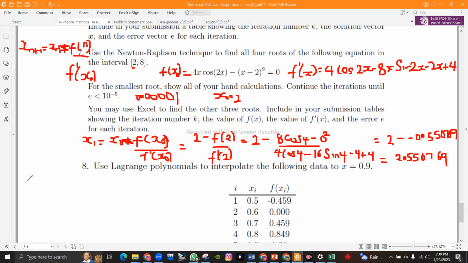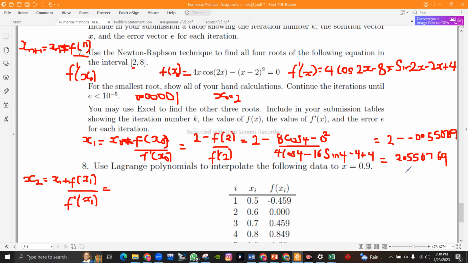Now your x2 will be equal to x1 plus f of x1 divided by f prime of x1, which is equal to, what's x1? x1 is this new value.